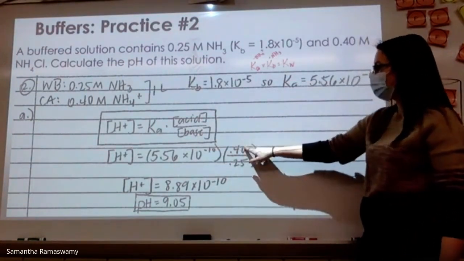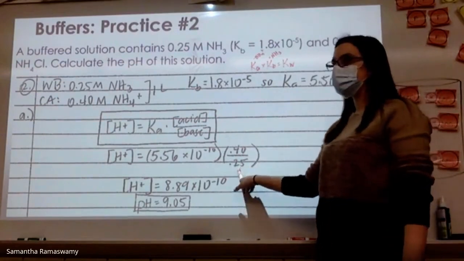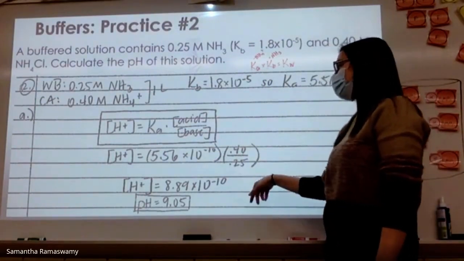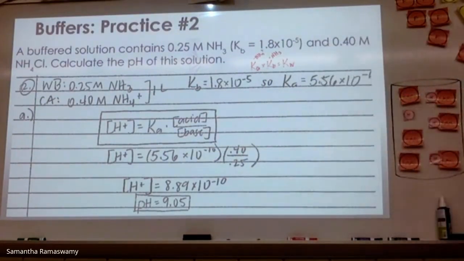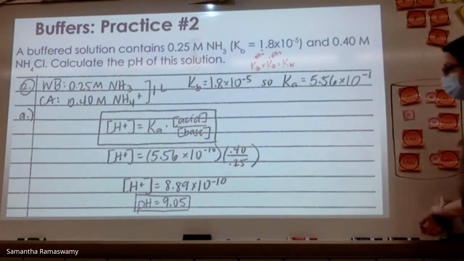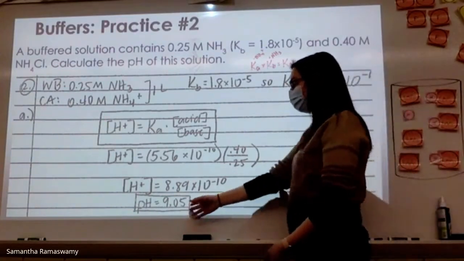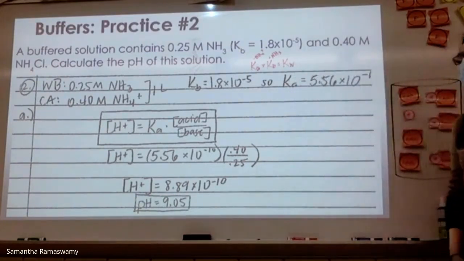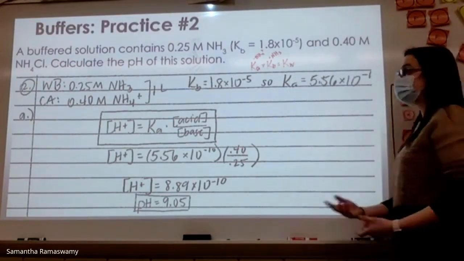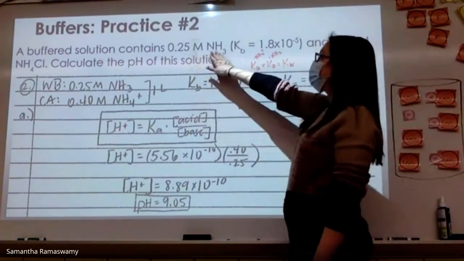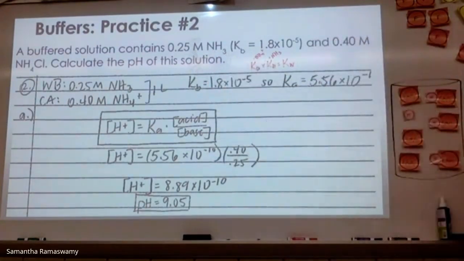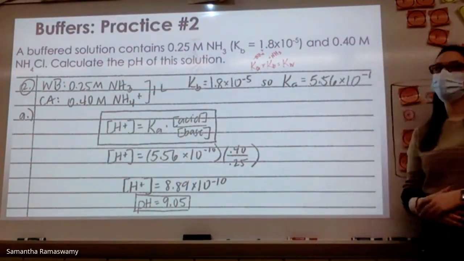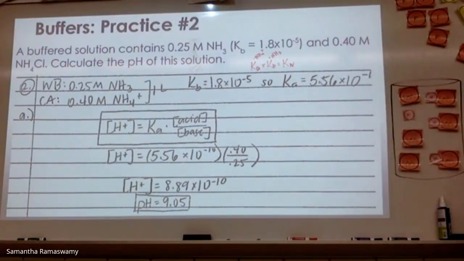And when you take the negative log, you get a pH of 9.05. So the pH is above 7 because we would consider this a basic buffer. It's a base and its conjugate acid. So again, the biggest thing with this one is because they gave us Kb, we had to figure out Ka.